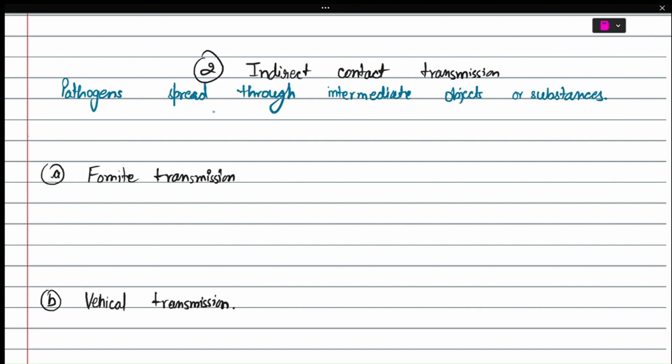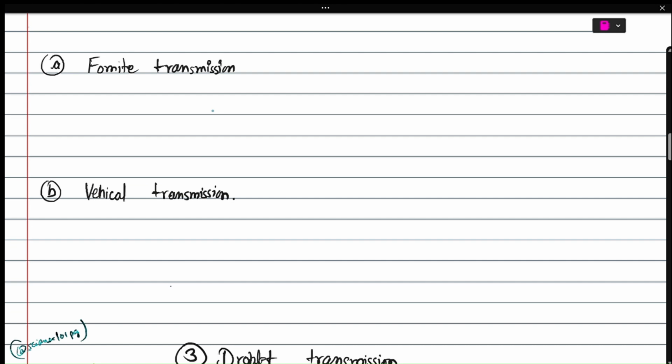And in this indirect route, pathogens spread through intermediate objects or substances. So, what are those substances or objects? They can be fomite transmission or they can be vehicular transmission, right?